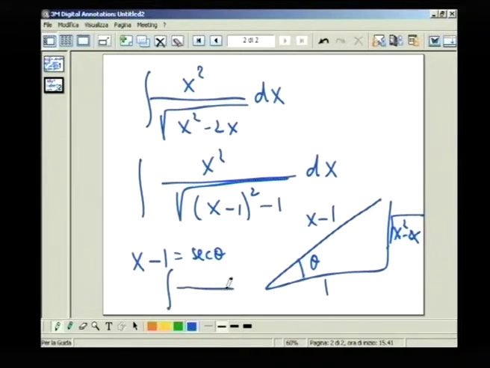Because x is equal to 1 plus sec theta, and dx becomes equal to sec theta tan theta d theta. And here on the denominator, we have sec squared minus 1. So this all becomes tan theta, etc. So your integral, instead of being a function of x, would be a function of theta. And manipulating a function of theta is easier because you know the integral of these trigonometric functions.